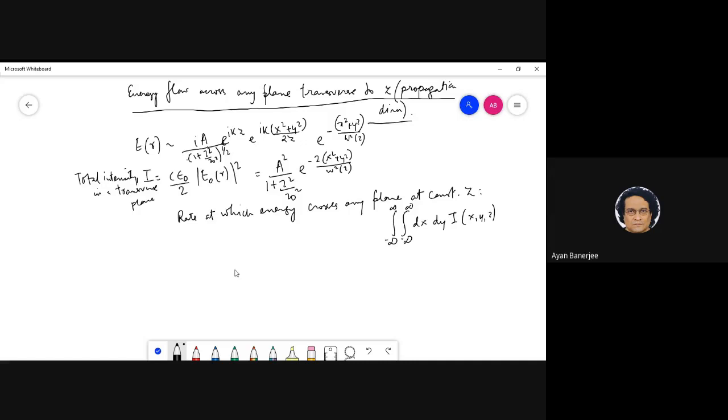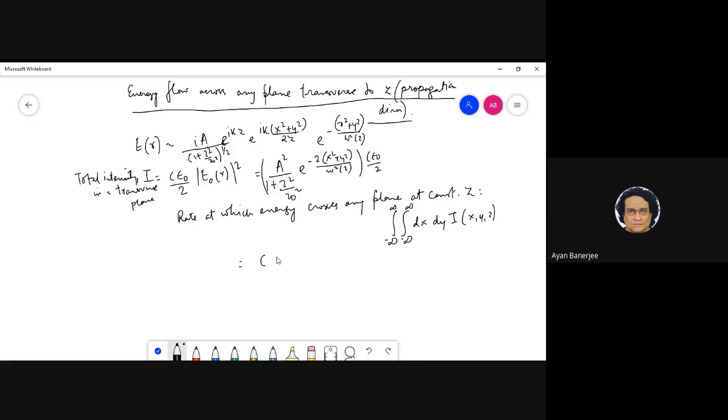So basically what I will have therefore is c. I missed this c epsilon naught here. Completely missed that, c epsilon naught by 2.